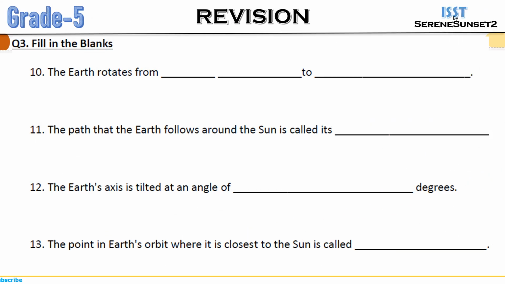Fill in the blanks. The earth rotates from dash to dash. Answer: west to east. Second, the path that the earth follows around the sun is called its dash.